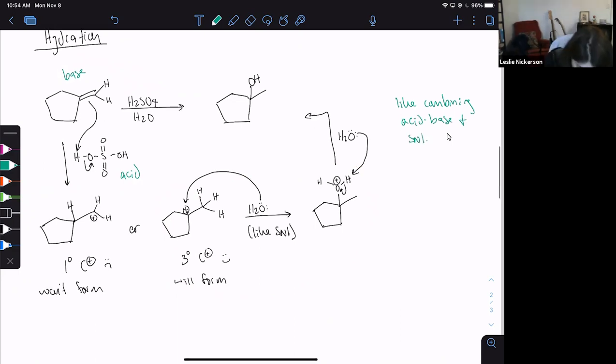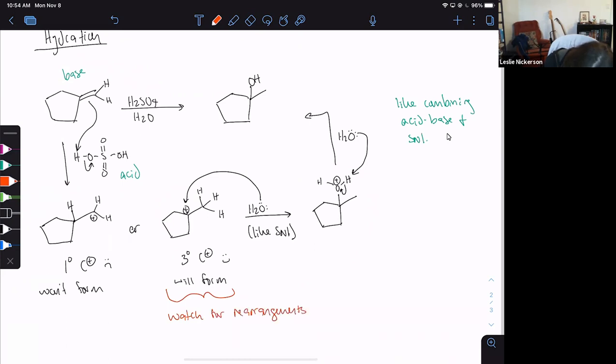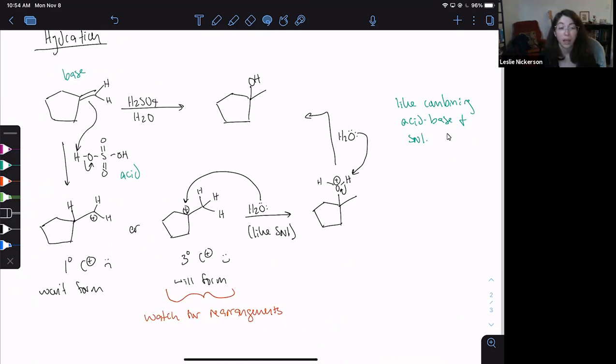Okay, so the other thing that we need to be wary of is we need to watch for rearrangements. That's something that's very, very important in this process, is that since we're forming a carbocation, we absolutely can have rearrangement occur.